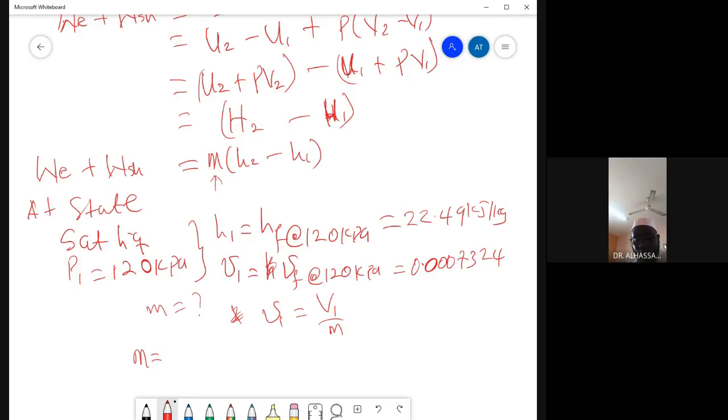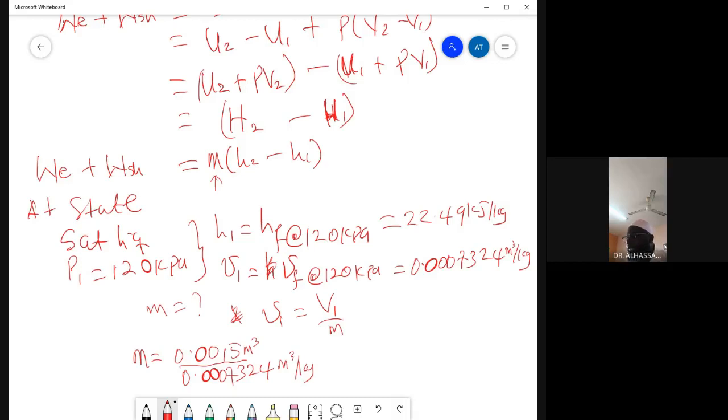We are told the volume equals 1.5 liters. So that gives me 0.0015 meter cube divided by the specific volume, 0.0007324 meter cube per kilogram.